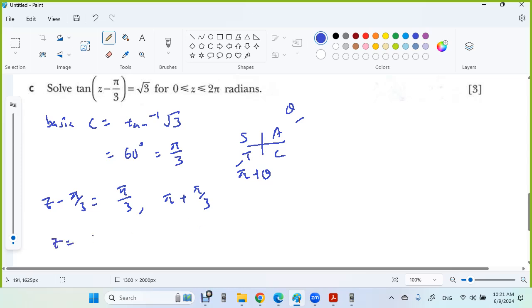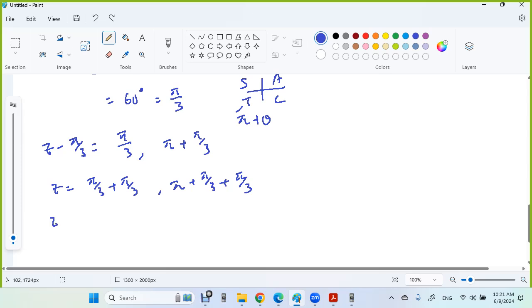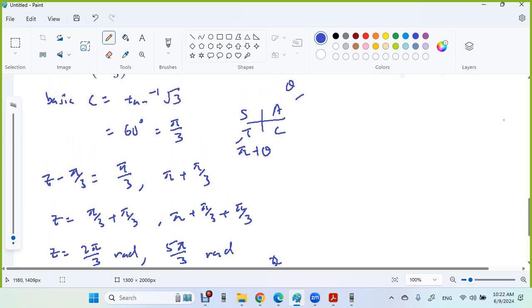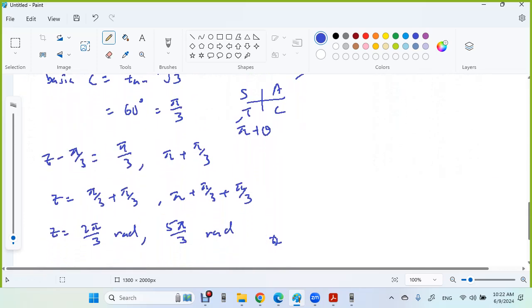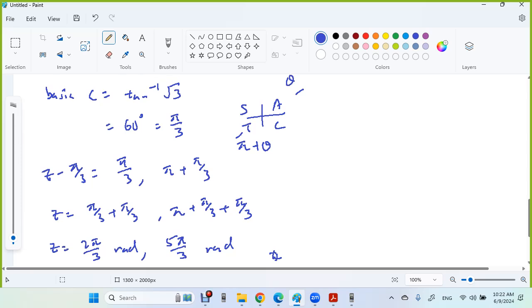So z will be pi over 3 plus pi over 3 and pi plus pi over 3 plus pi over 3. So z will be 2 pi over 3 and 5 pi over 3. Okay. Plus 2 pi over 3, 5 pi over 3. Yes.